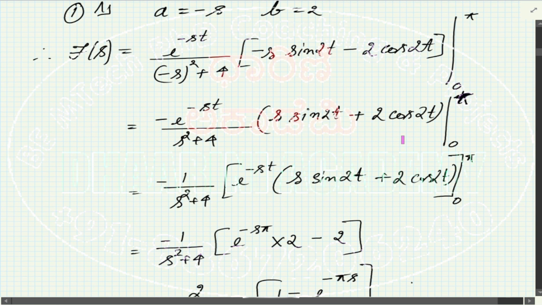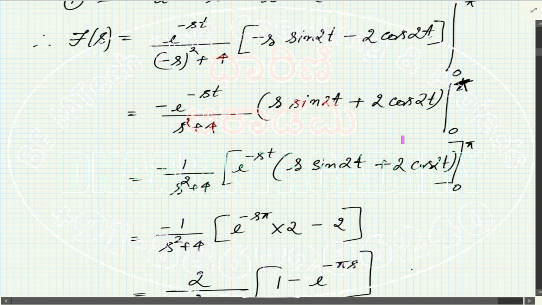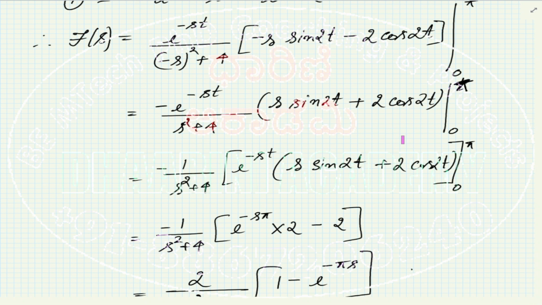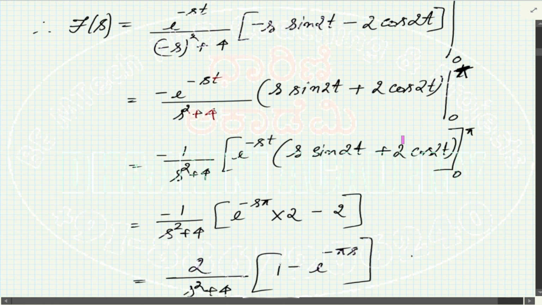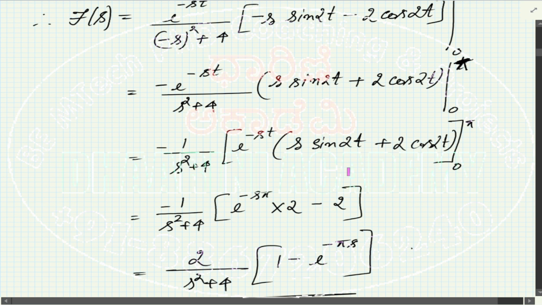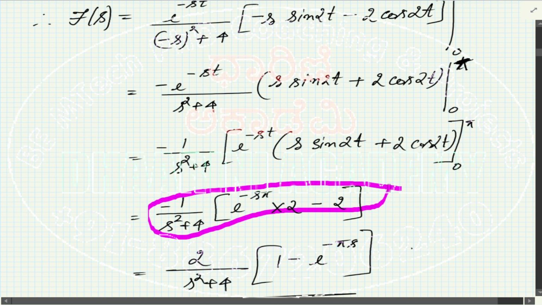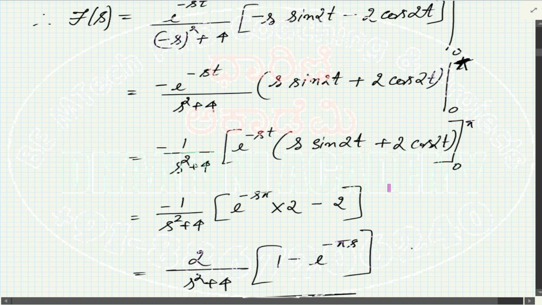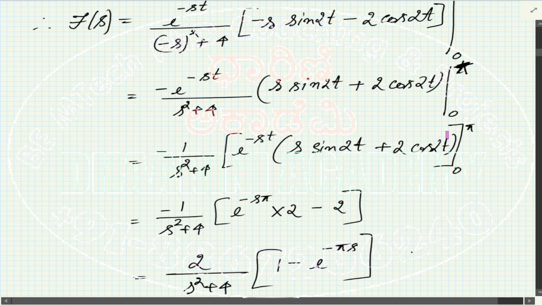So we'll apply that now. When you apply the t value to be pi, sine 2 pi becomes 0, cos 2 pi is going to be 1. Similarly, when you put 0, sine 0 is 0, and once again cos 0 is also going to be 1. That simplifies to minus pi s square plus 4 e to the power minus s into pi minus 2. Just go through the substitution part once. Let me know if you have a doubt. Otherwise, we'll move on.